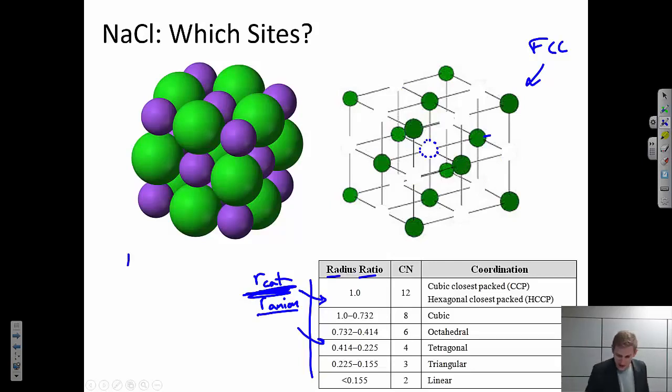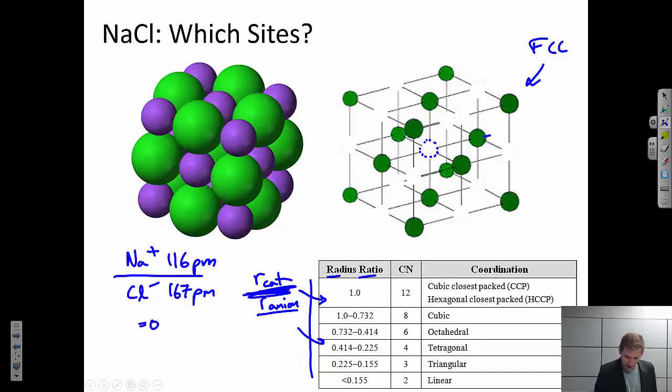So for this case, sodium plus is 116 picometers, that's the radius, and the chlorine anion is 167 picometers. So if I look at that ratio, the cation over the anion, I get a value of 0.695. And we can see that that falls within the range that's acceptable for an octahedral hole.